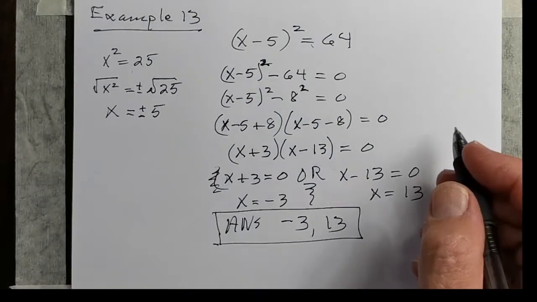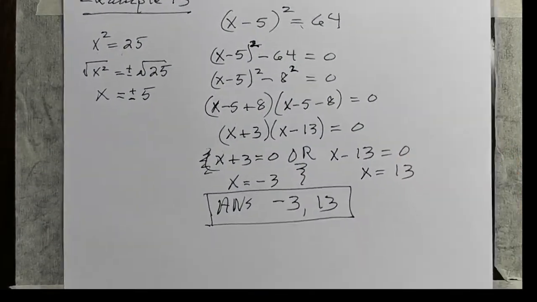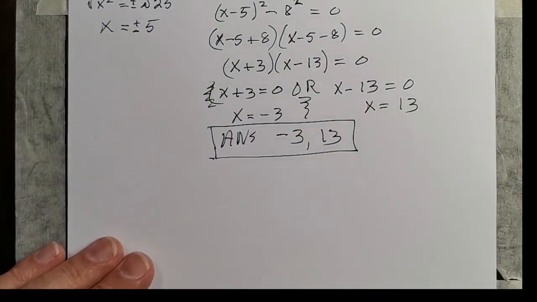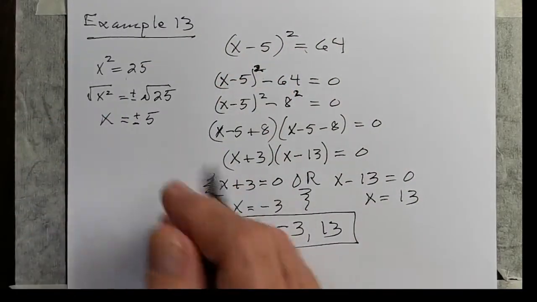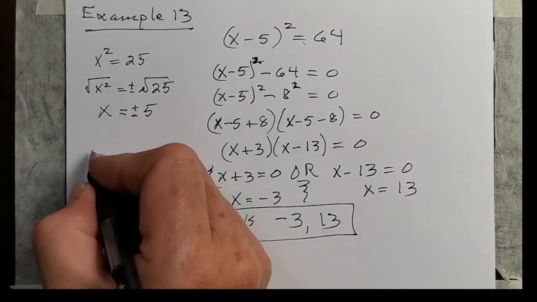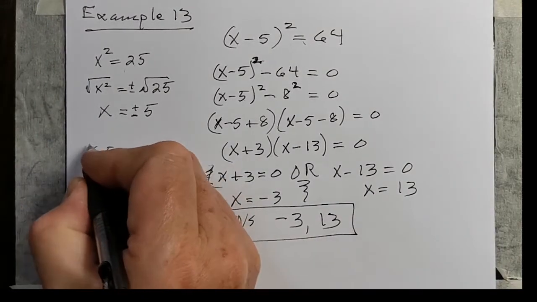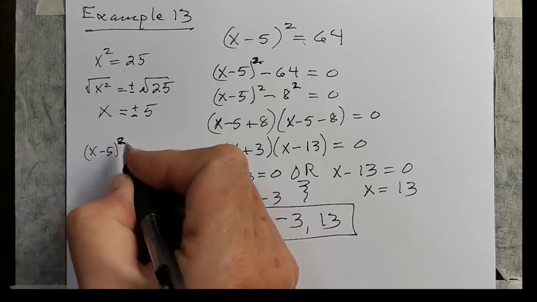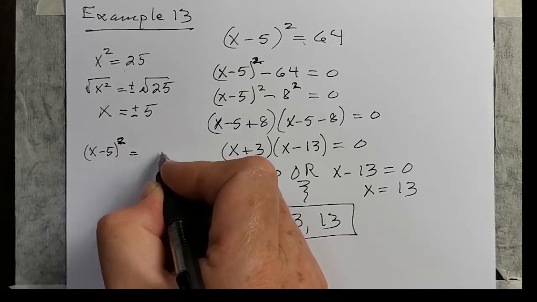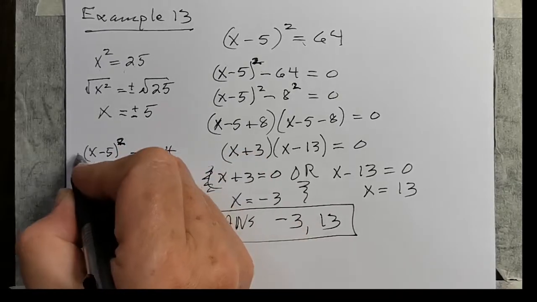Let me do it over here. Let us go ahead and say x minus 5 quantity squared is equal to 64.